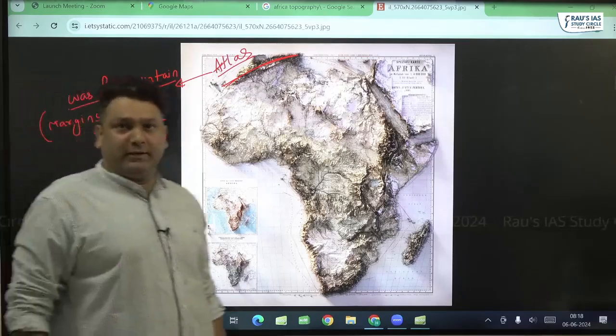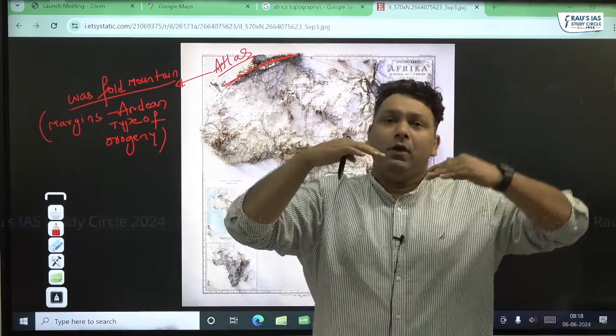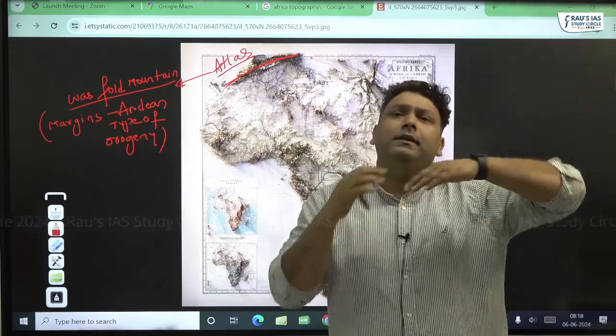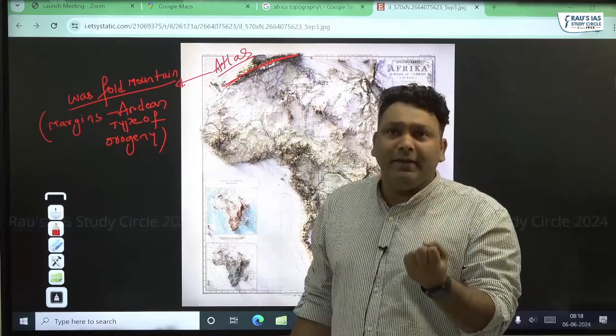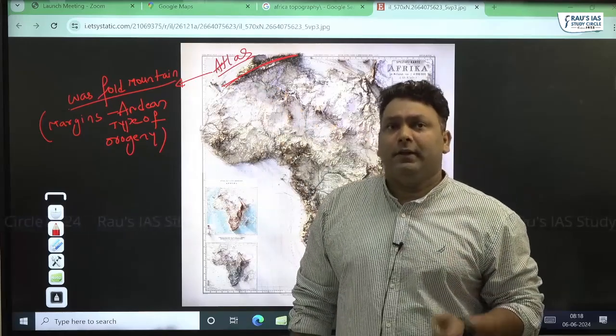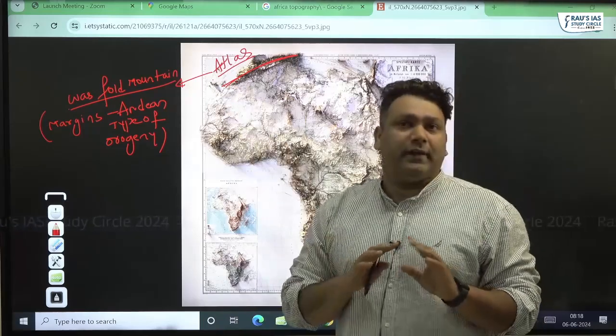Andean type of orogeny means it has been created because of oceanic plate subduction once upon a time and the accumulation of marine sediments along the continent. But now this subduction is not very active.